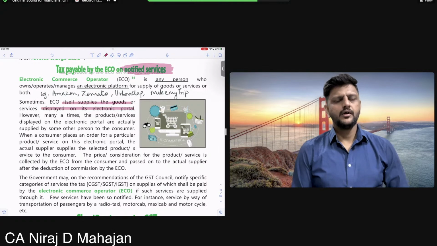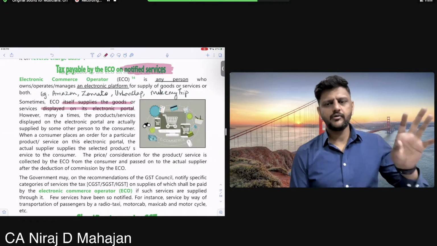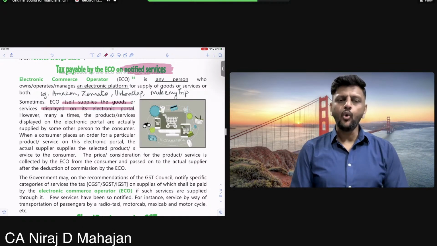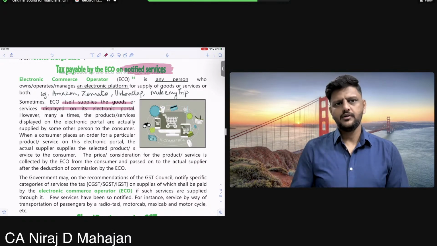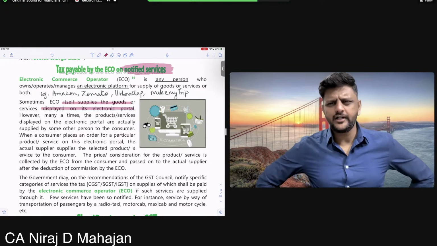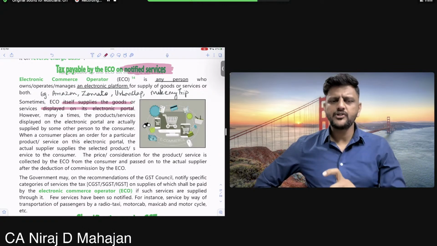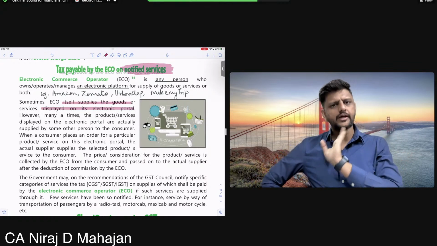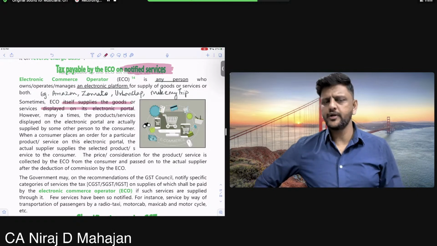Whichever products were number one or number two in sales in that category, they started manufacturing the same brand's product themselves. There was one brand, Appario Retail. In Appario Retail, the majority shareholding was of Amazon. Every product you checked, Amazon was selling through Appario Retail. Are you getting my point?